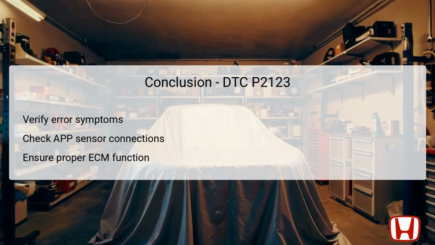In conclusion, managing DTC P2123 in a Honda Civic from 2011 to 2015 involves a systematic approach to troubleshooting the APP sensor circuit. Start by verifying error symptoms, including poor throttle response and engine stalling, which signal issues related to improper APP sensor function.